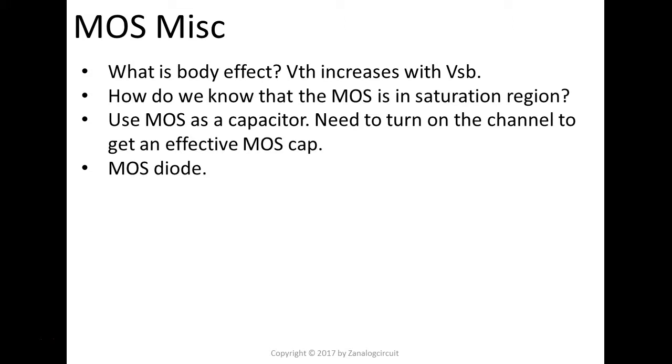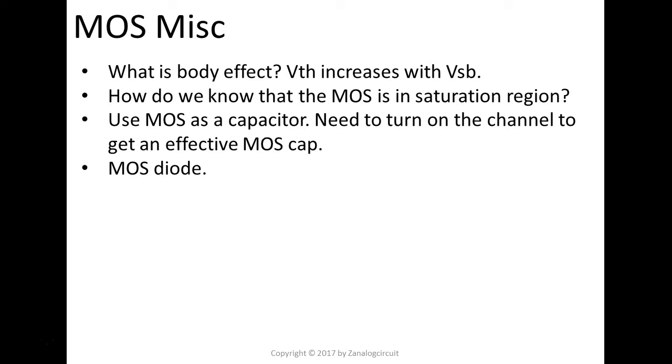Or on the other hand, what we can do is bias up the body voltage higher than the source voltage. So now the body voltage is slightly higher than the source voltage. That, as you can guess, is decreasing the VT threshold. It's very, very useful in a lot of low voltage applications.